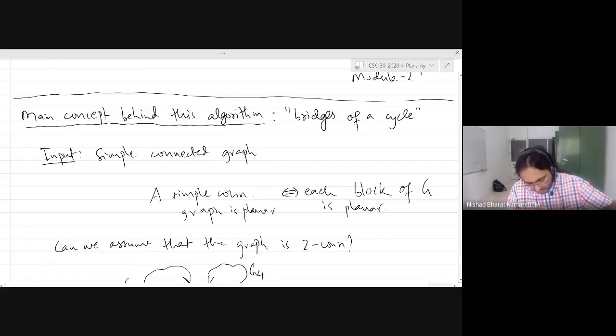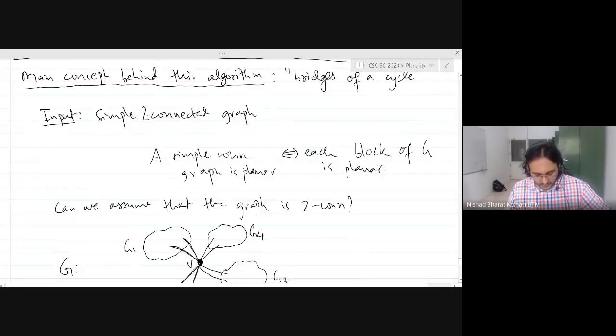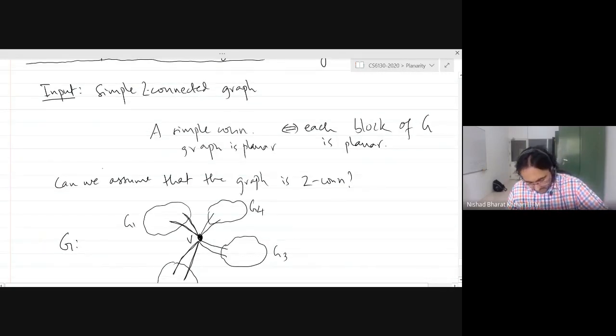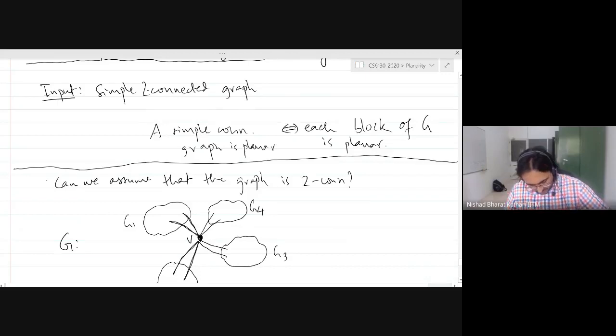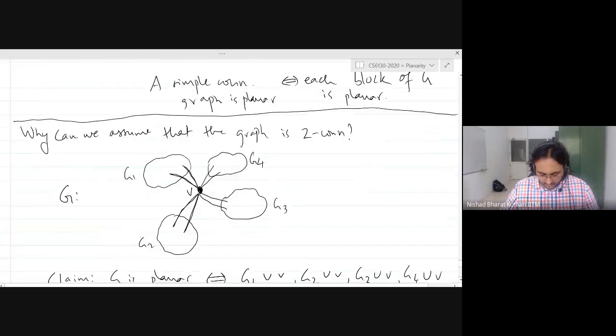And so we are going to assume that our graphs are two connected. Okay? And the discussion for that is here. Good.